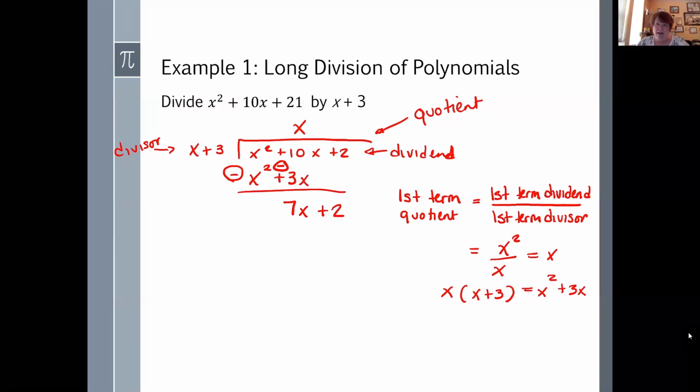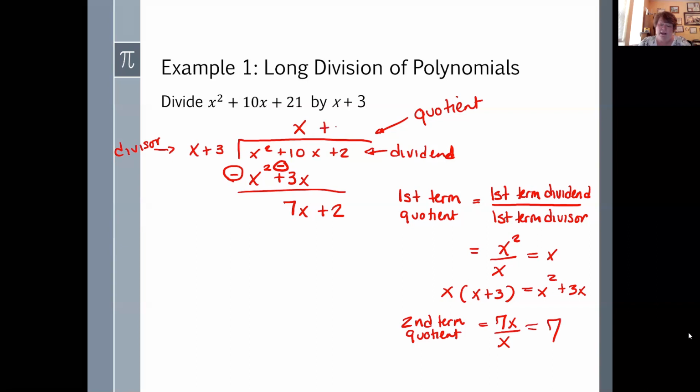So to get the second term in the quotient, I take the new first term in my dividend. When I brought that 2 down, I got a new dividend. The first term in that new dividend is 7x. I divide it by the first term in my divisor, and I get 7.